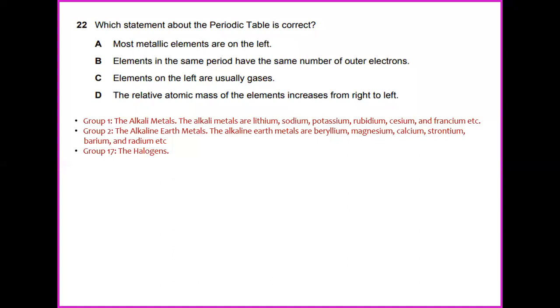The alkaline earth metals are beryllium, magnesium, calcium, strontium, barium, radium, etc. And group 17 will be the halogens. So the answer for this will be most metallic elements are on the left.